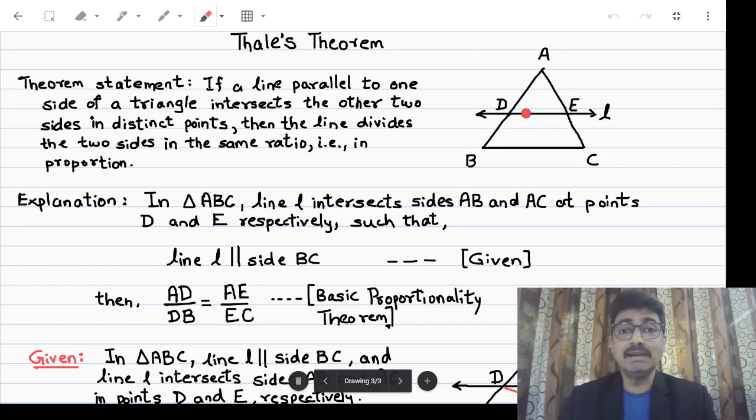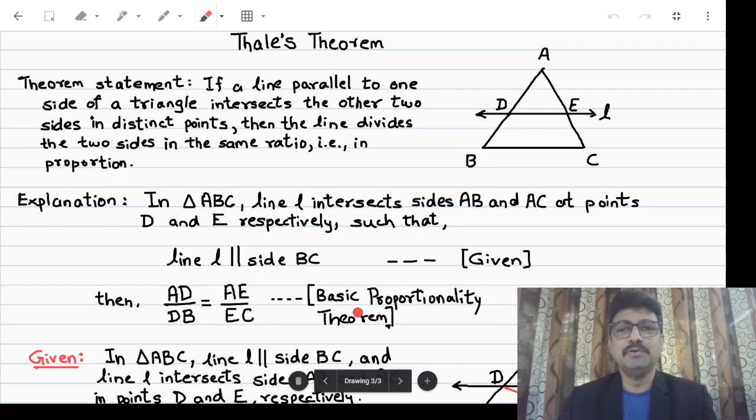We have to say that the ratio of the parts of AB, that is AD upon DB, should be equal to the ratio of the parts of AC, that is AE upon EC, by the basic proportionality theorem.